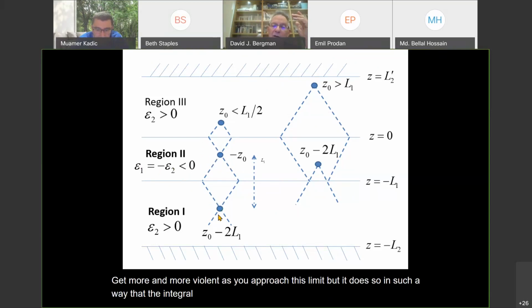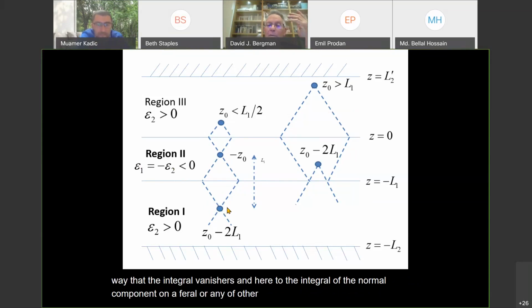Here too, the integral of the normal component on a sphere or any other surface surrounding this focal point must vanish.